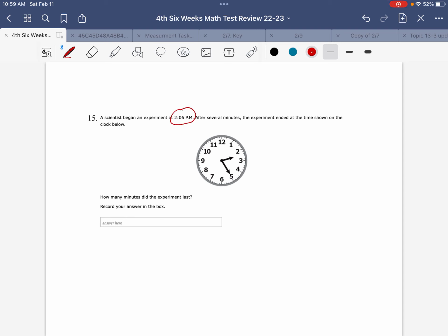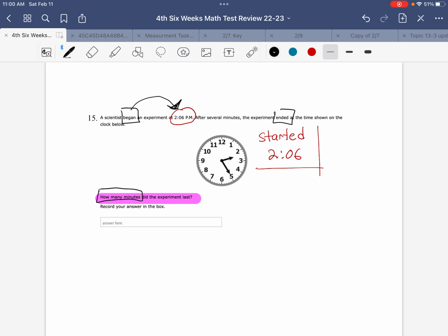Okay. So now I'm going to write down what I know. So I know it started at 2:06. Okay. I know that. Then it says it ended, or it finished, at the time shown. So now I've got to use my skills that I learned in 3rd grade on how to read a clock.